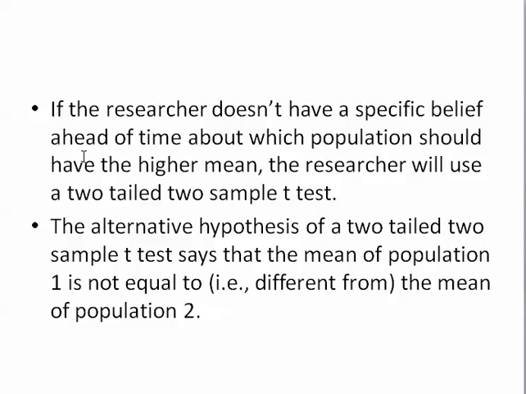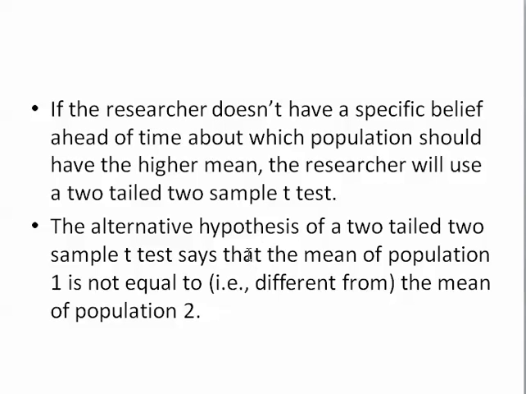In that case, you do something called a two-tailed test. The null hypothesis still says that the population means are equal, but the alternative hypothesis simply says that the two population means are not equal, that they're just different from each other.